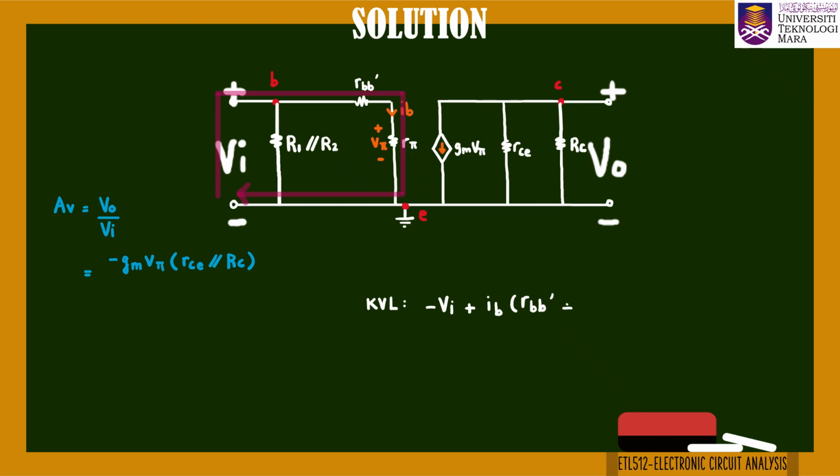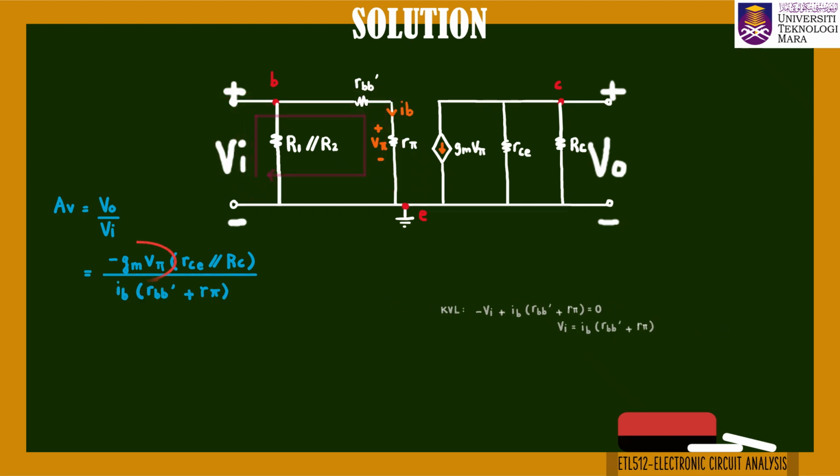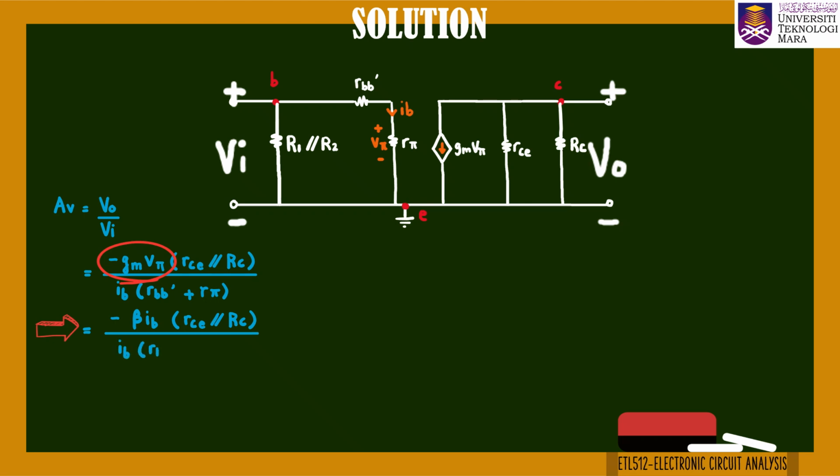Next, Vin can be obtained by applying KVL around the input loop. With this, the equation is written as shown. Notice that GMVpi can be rewritten as beta IB, which allows the IB terms above and below to cancel out.